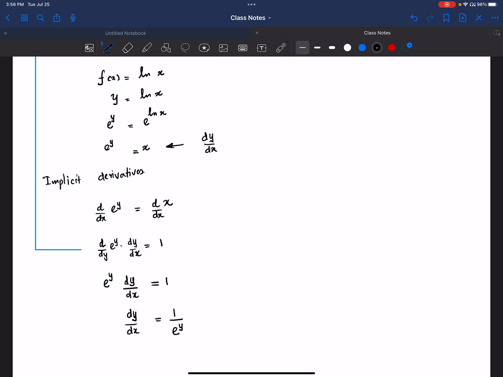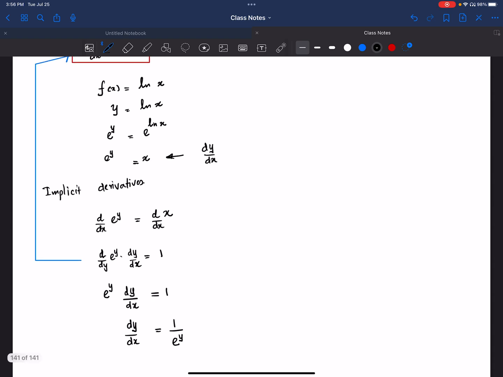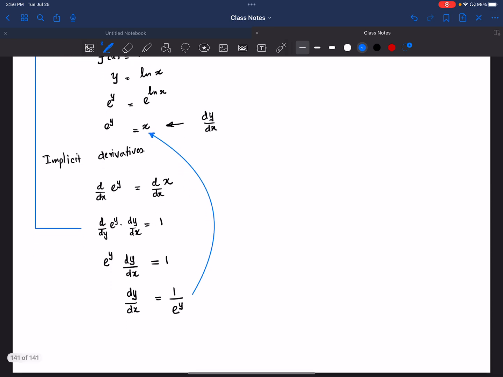So e to the power y, if you look at this step right here, you can see that e to the power y is equal to x.